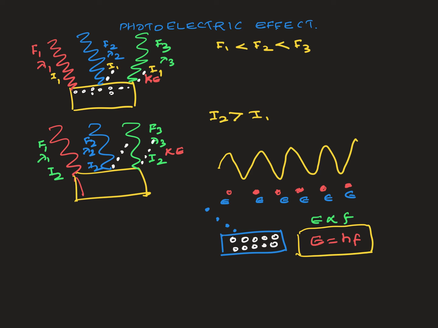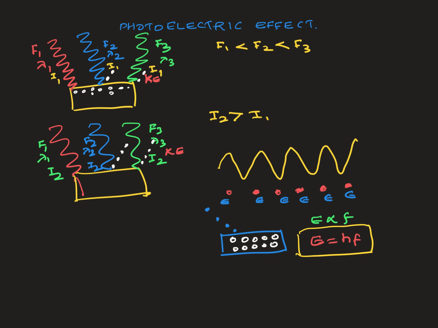And if you increase the intensity of these photons with the same high frequency, you will have more photons interacting with these electrons. Another interesting point is that one photon will interact with only one electron.